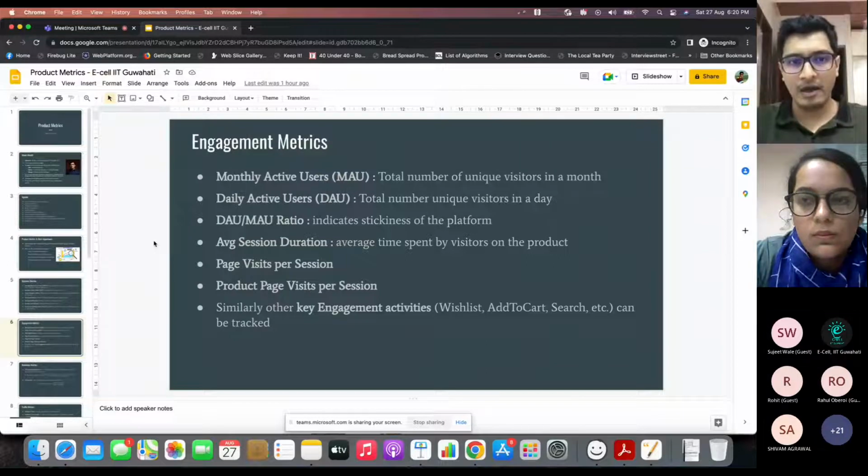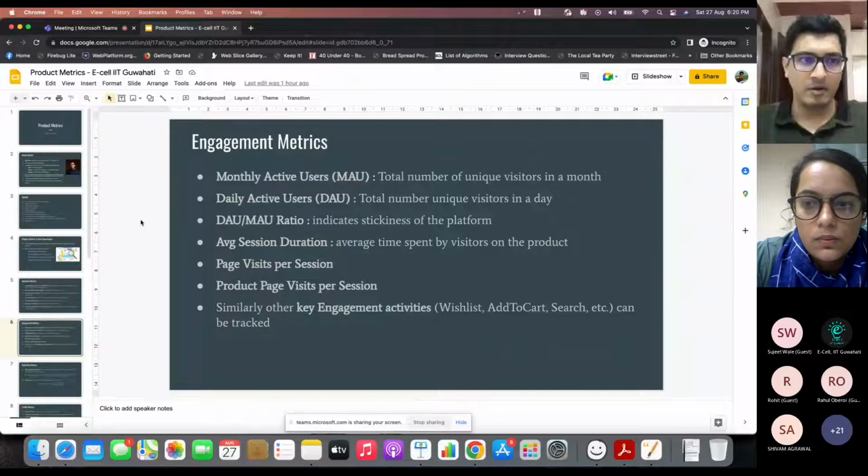So any action that the user does. For example, for an app like Healthify Me, engagement might mean how many people log their diet, or the food that they are taking, or how many people track steps on Healthify Me.